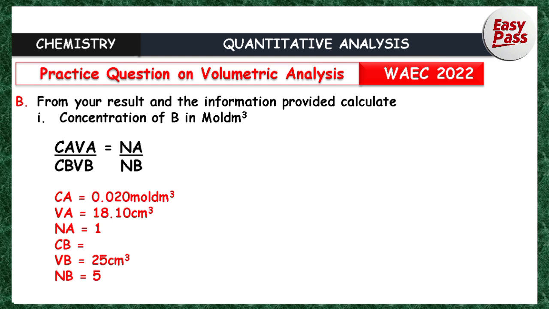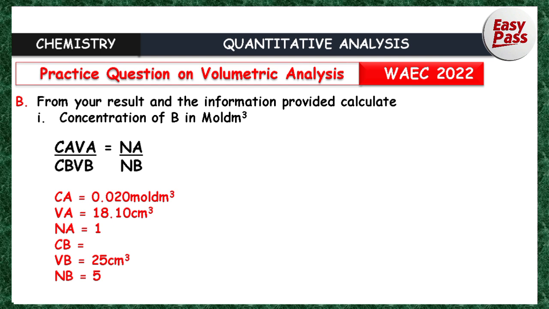You have CA VA all over CB VB equals to NA all over NB. The first thing you have to do is cross multiply.